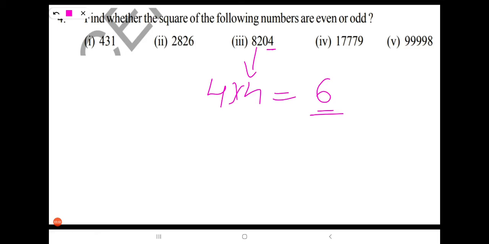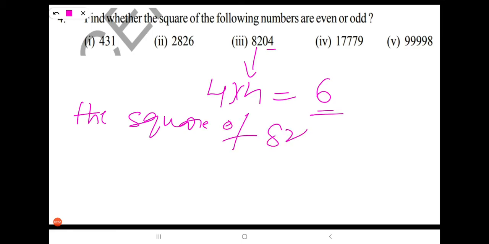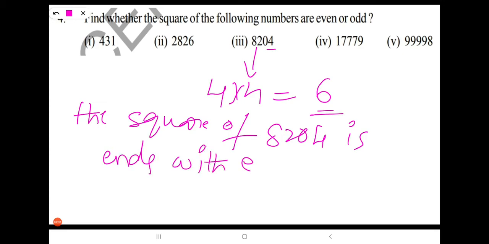So the square of 8204 ends with an even number. Is it clear? There is no need to write 16 here. We just have to take the units place digit only.